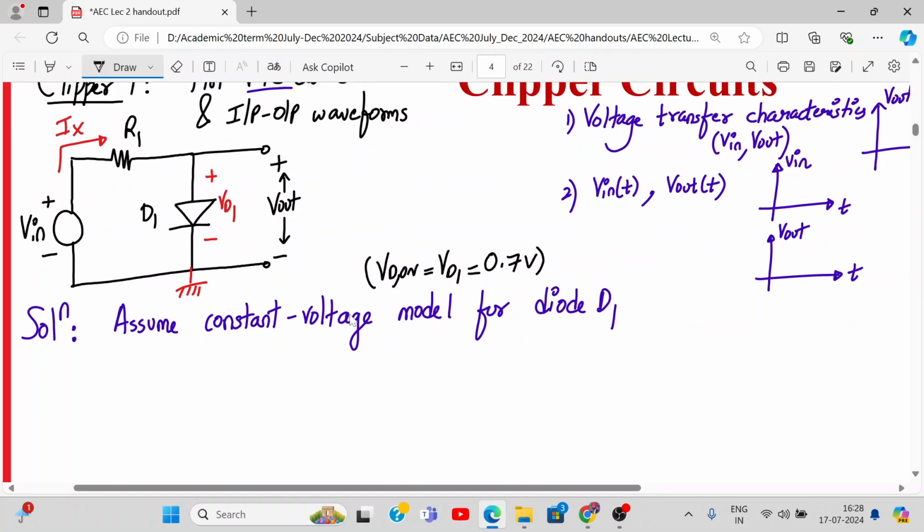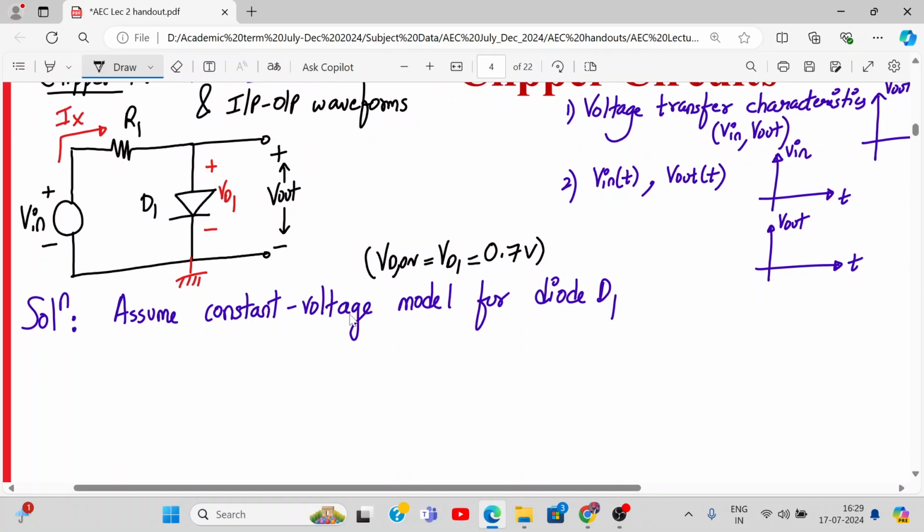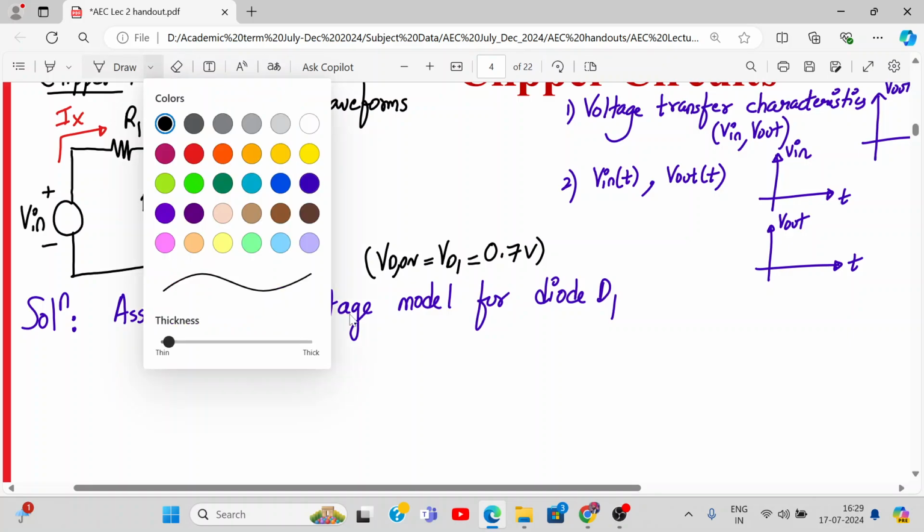Agree? Now, first you should apply KVL in this loop. When you apply KVL in this loop, what do we get?